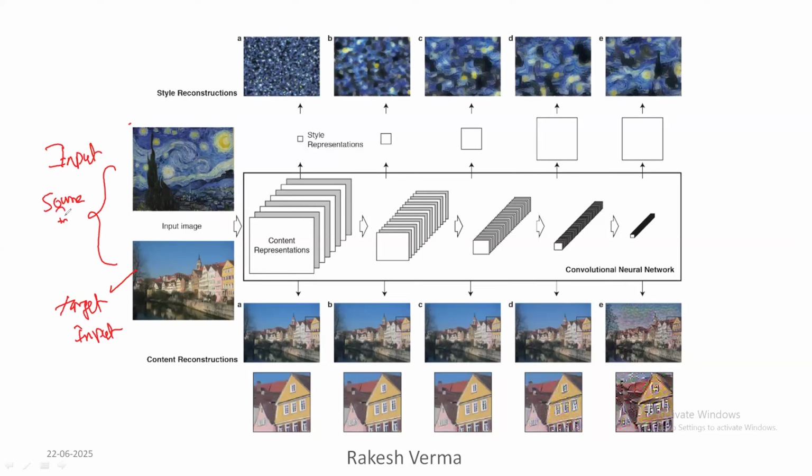The source image is the image whose content we need to copy and paste into the target image.